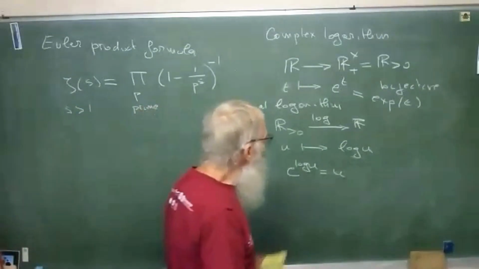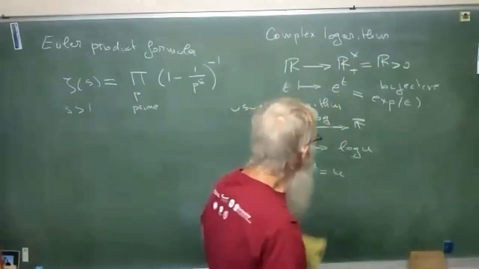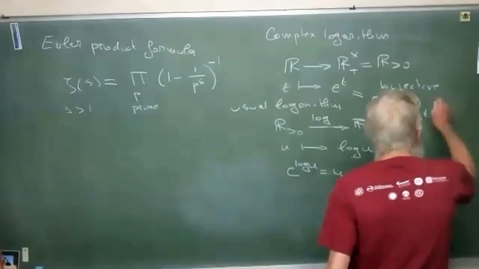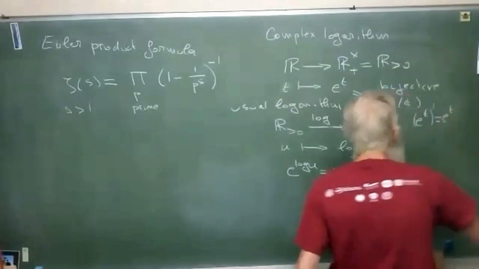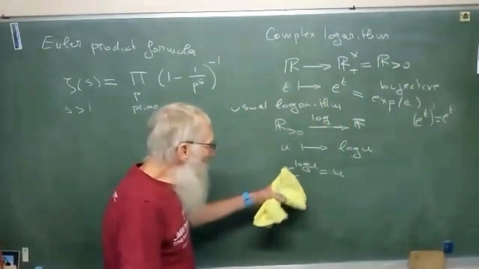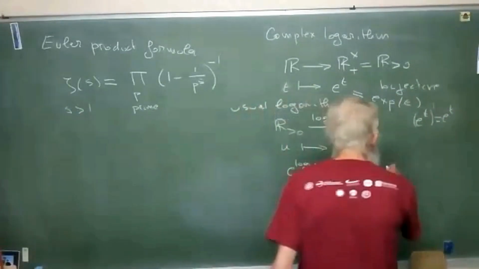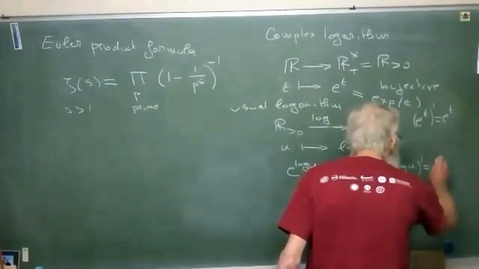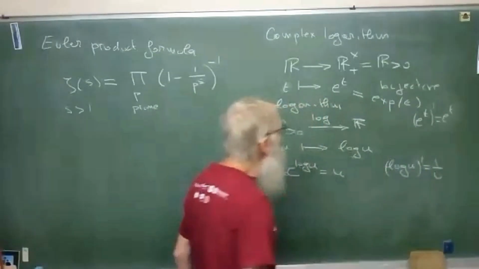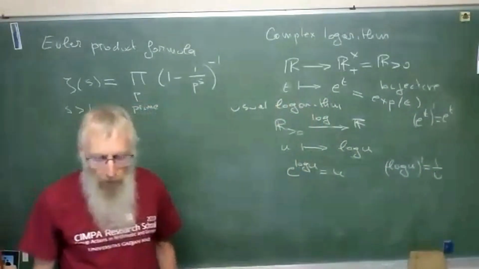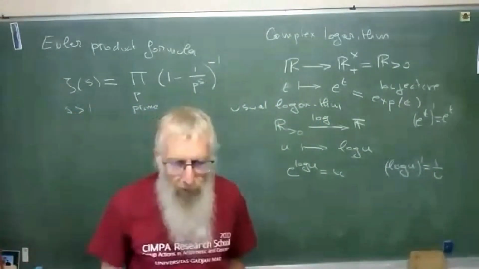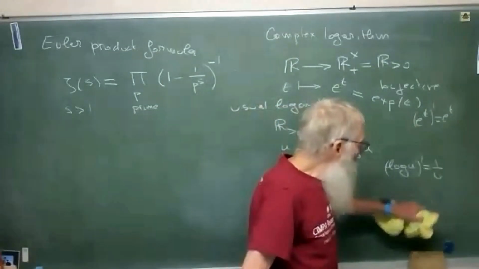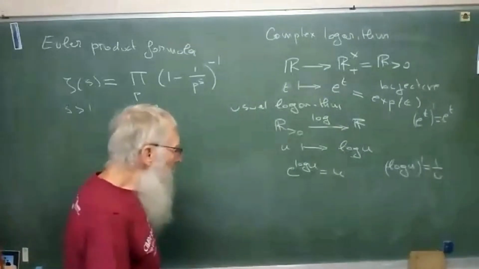And we have the derivative of the exponential function, exponential t prime equals exponential of t. And because of that, the derivative of log u is 1 over u. I considered before the expansion of 1 over 1 minus t, and we can take u equal 1 minus t.